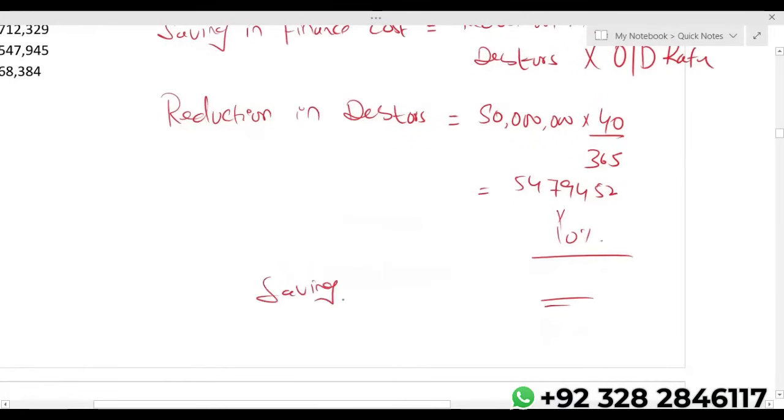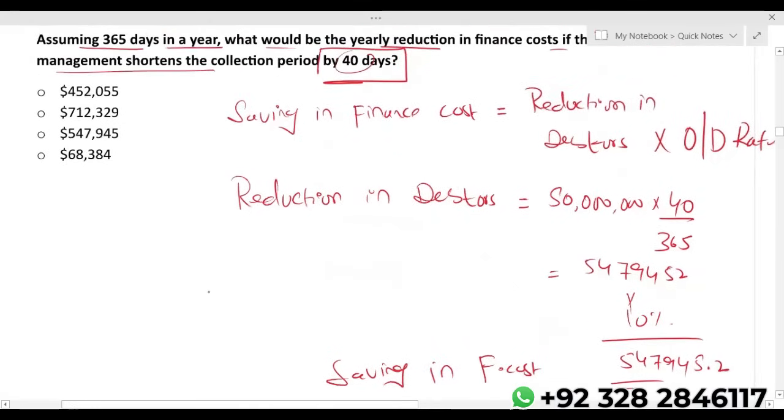That will give us saving in finance cost, 547,945. Can I say C? So simply reduction in debtors into OD rate.